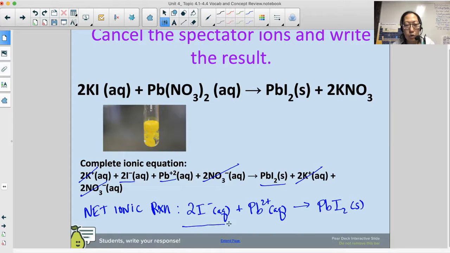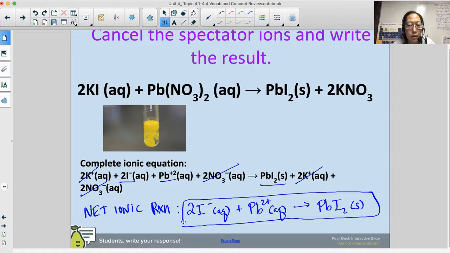The actual stuff that's happening in this reaction is the formation of lead(II) iodide precipitate. And so here the net ionic is showing the change that's happening, just the species that change.